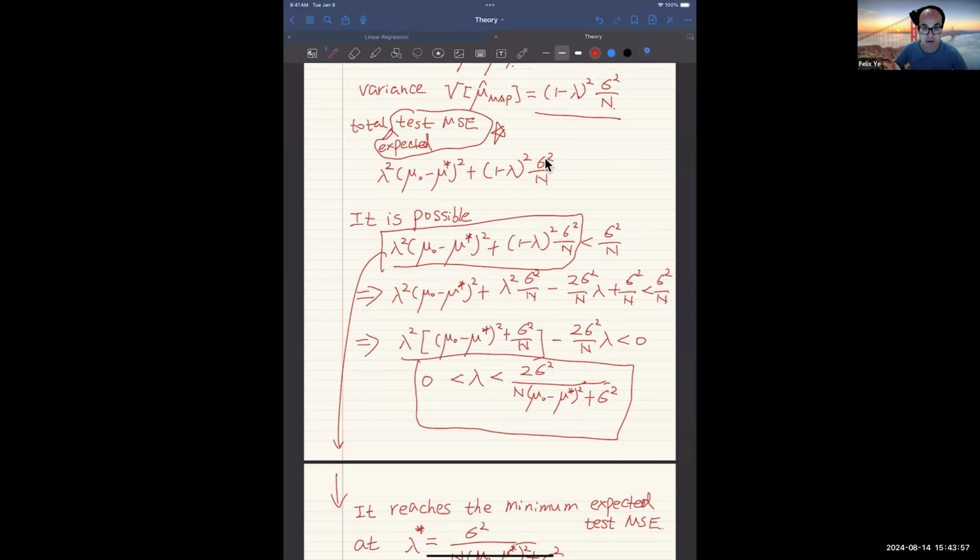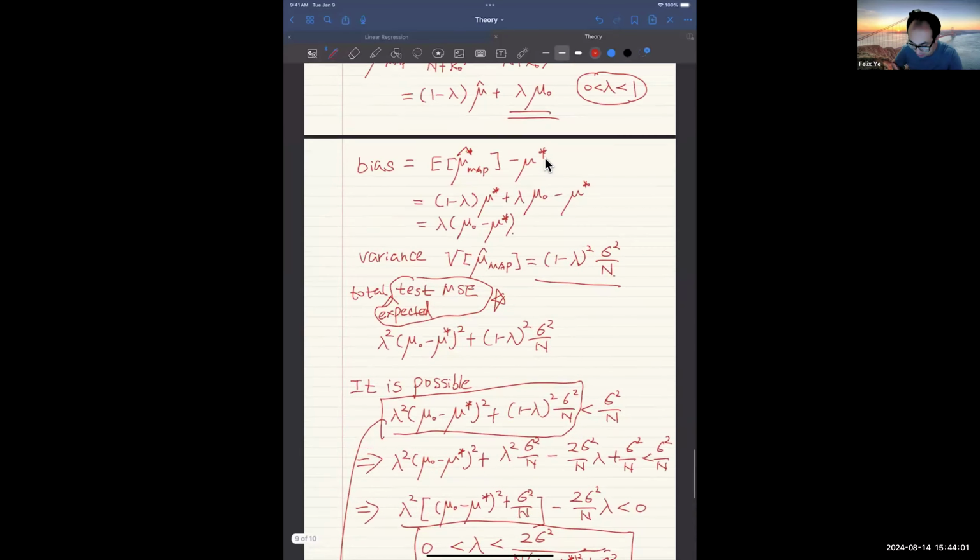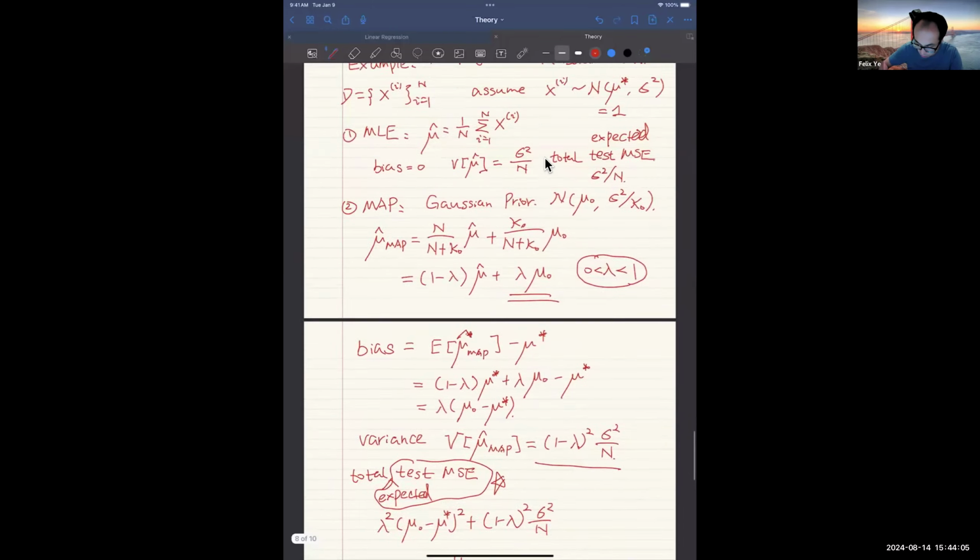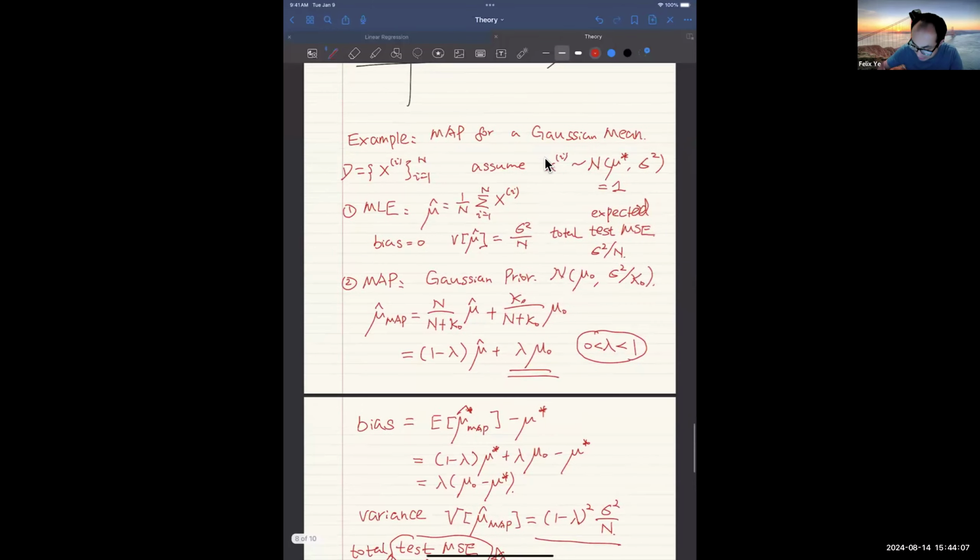This idea is called shrinkage. Basically, if you have some estimator, you add some value, usually just an identity here, and make the whole estimation slightly smaller.